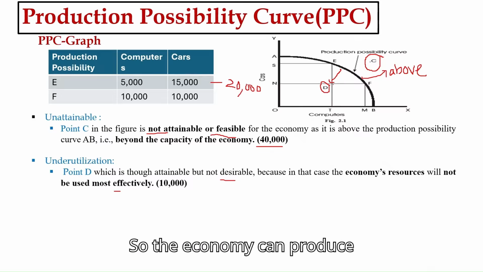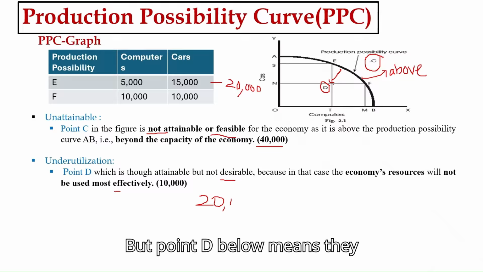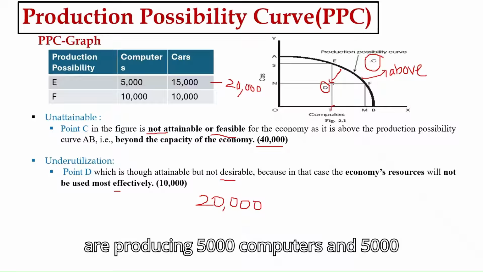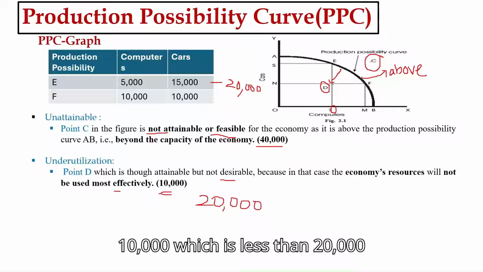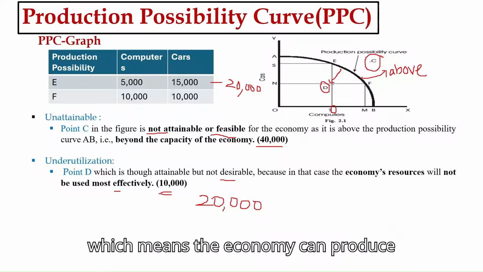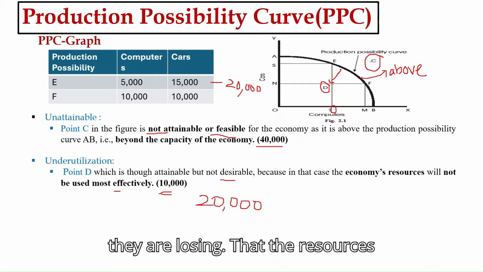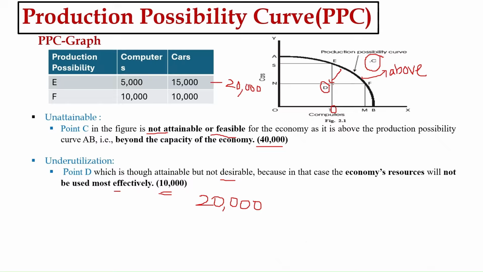The economy can produce a total of 20,000 products, but point D below means they are producing below their capacity. They are producing 5,000 computers and 5,000 cars, total 10,000, which is less than 20,000, which means the economy can produce 10,000 more. If they don't produce, they are losing their resources. The resources are wasted. They are losing their profit.